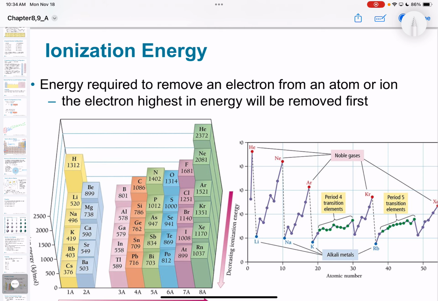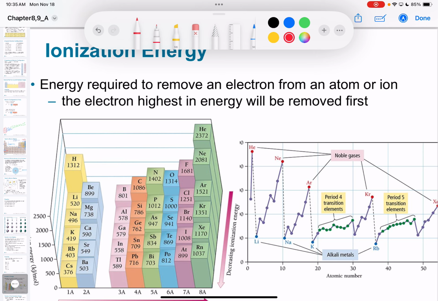Sometimes we'll give you plots like this to show those trends. So here is lithium and here's fluorine. They're showing you that increase in ionization energy. If you look at this row down here, that's a column. So let me put that in a different color.